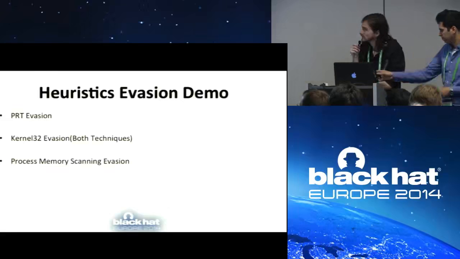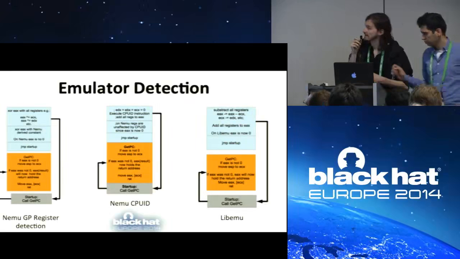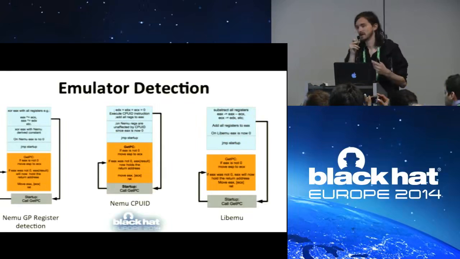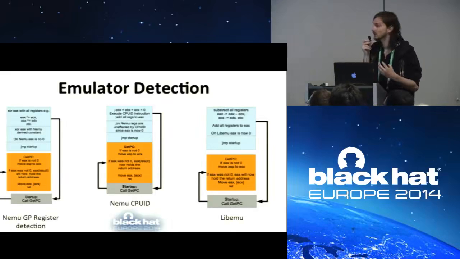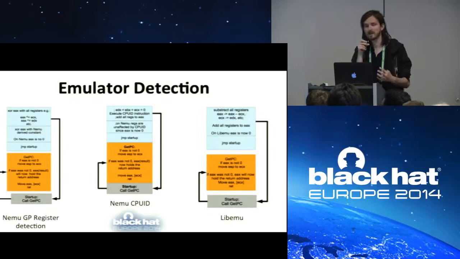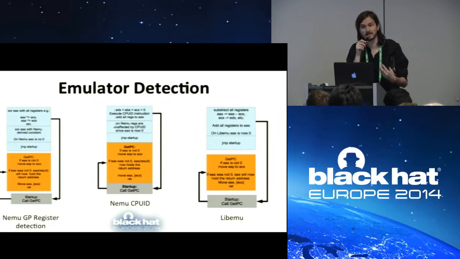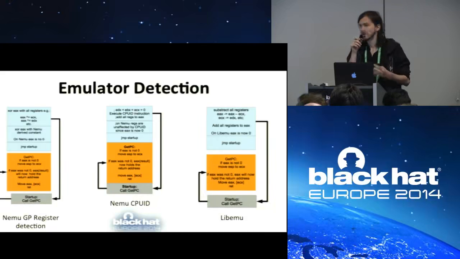So there are a couple of other ways to bypass being detected by EBNIDS. One of which is detecting the fact that we're being emulated. As a couple of you will know, most emulators have telltale signs which code can use to detect the fact that it's being emulated. NEMU and libemu are no different.